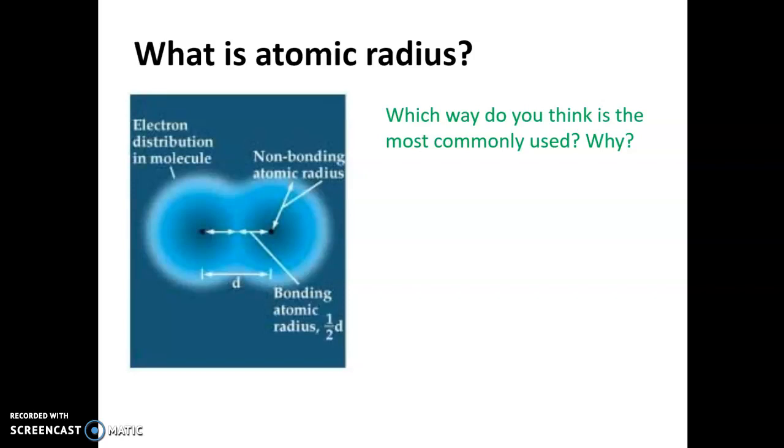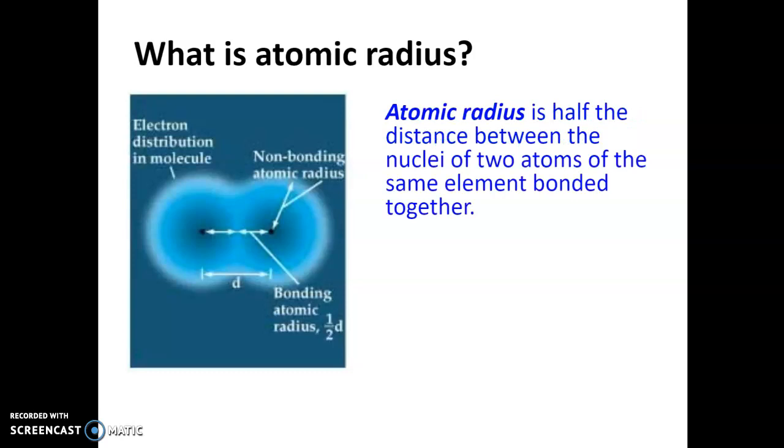And so the atomic radius is a little more useful to think about for our guys that are bonding, and so we might as well think about what that radius is when they're bonded. The formal definition of atomic radius, therefore, is half the distance between the nuclei of two atoms of the same element bonded together.